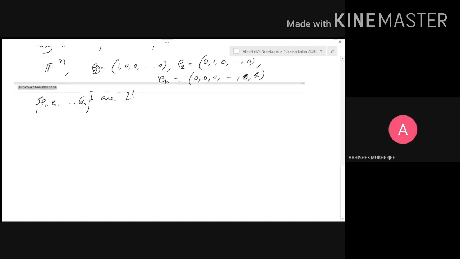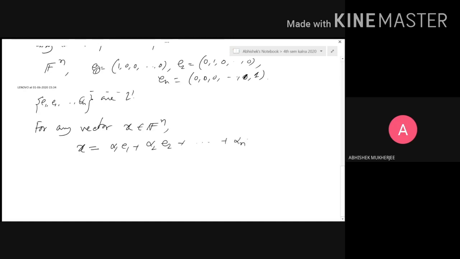So these are linearly independent. And also any vector x in Fn can be expressed as x equals alpha 1 e1 plus alpha 2 e2 plus up to alpha n en, where x is the point whose coordinates are alpha 1, alpha 2, alpha n.